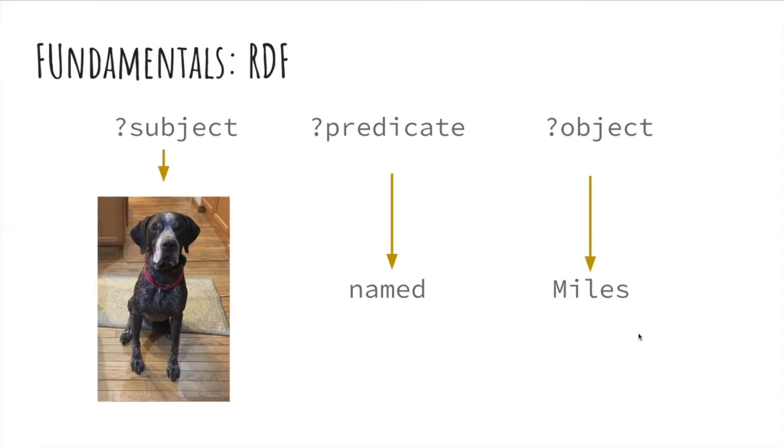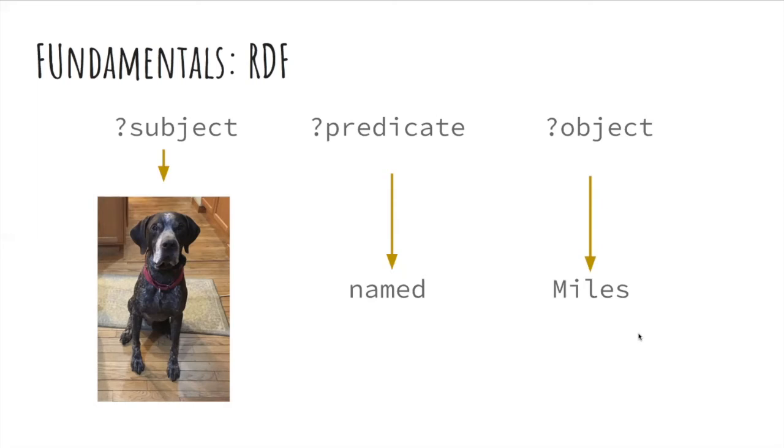And then there's a predicate, and this is an attribute or relationship to another thing. So something that we want to say about my dog or relate my dog to something else is that middle section of the statement. Predicates are sometimes called properties, so you'll see predicate and properties, the terms used interchangeably.